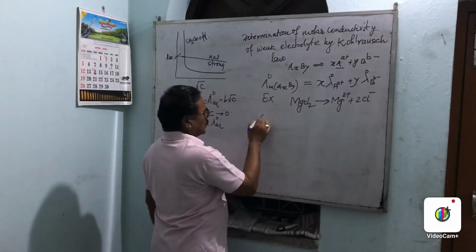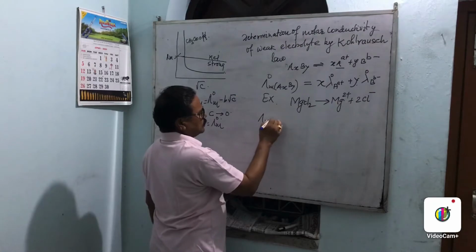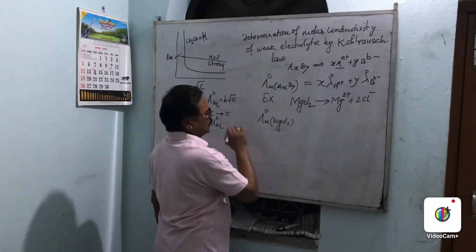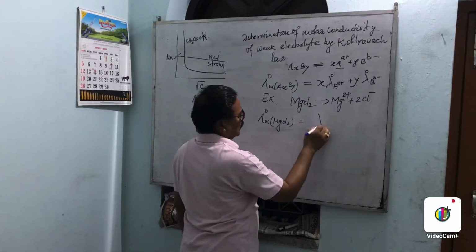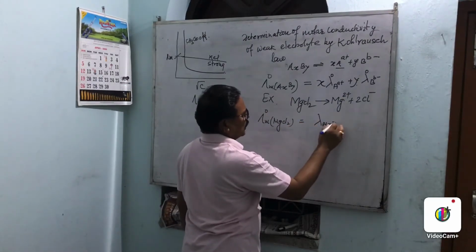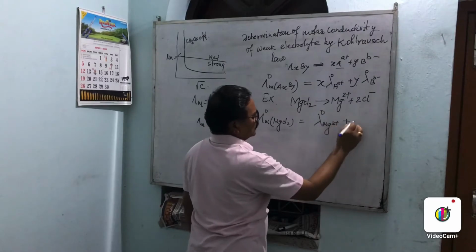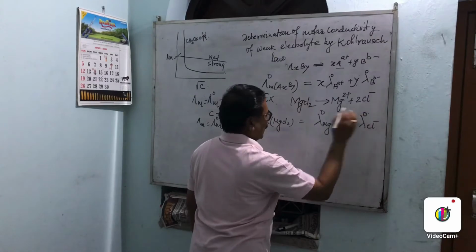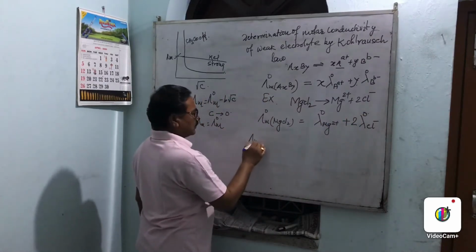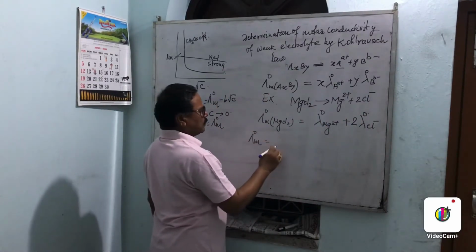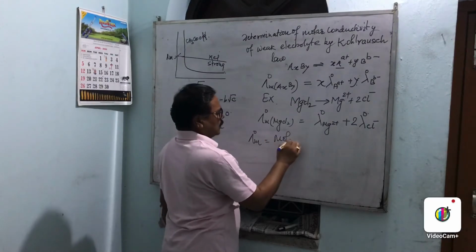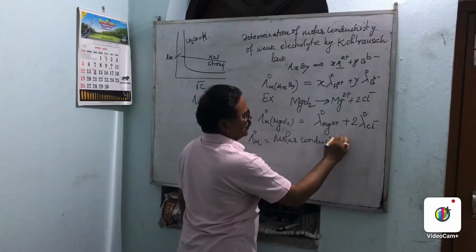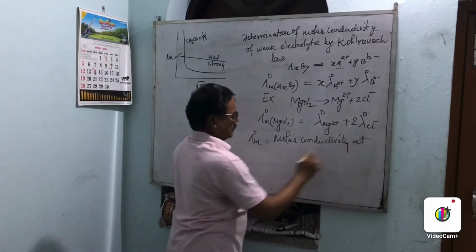So the molar conductivity, in the form of Kohlrausch's equation, of MgCl2 at infinite dilution is equal to lambda of Mg2 plus at infinite dilution plus twice lambda of Cl minus ion at infinite dilution. This is lambda m, called molar conductivity at infinite dilution.